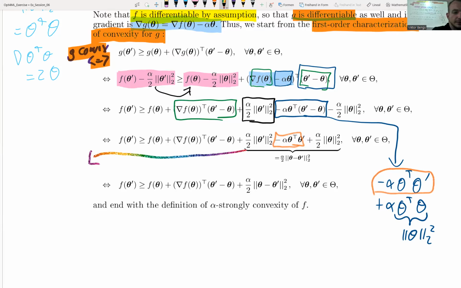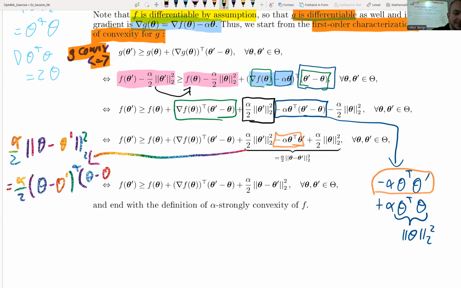So if we look at this, alpha half theta minus theta prime squared, if we expand it out, what do we get? Perhaps I should have used something different as a color, but well.